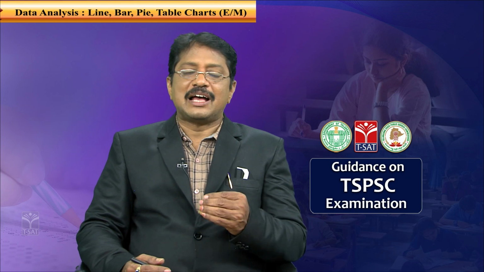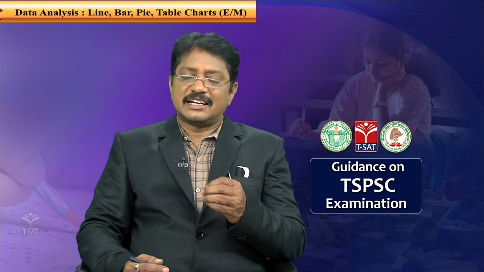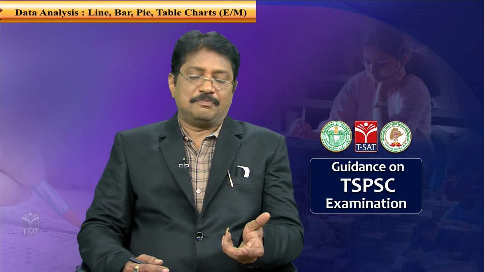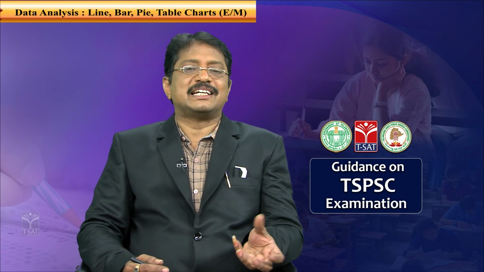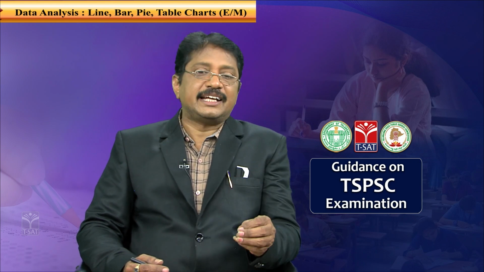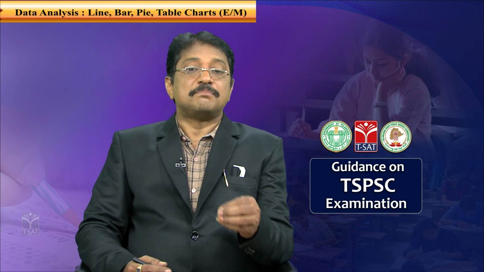In data we use one more word called range. Range means the difference between the highest value minus the lowest value, that is, maximum minus minimum, simply you can say. For example, in the data 5 is the minimum value and 95 is the maximum value.